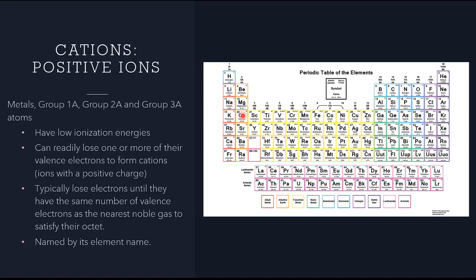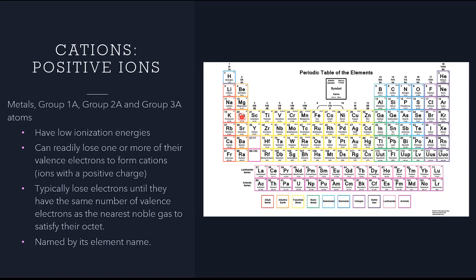Now calcium, again, every atom wants to have an octet. So calcium would rather give up 2 electrons to become like argon with 18 electrons, or 8 electrons in its valence shell, than it is to pick up 1, 2, 3, 4, 5, 6 electrons to become krypton.